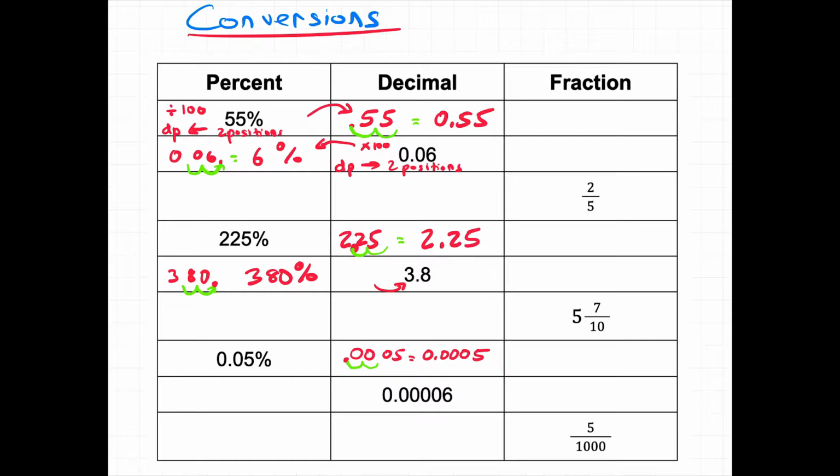Now let's move down to the 8th row right here. And we've got this decimal that just has lots of zeros, so it's 0.00006, but it's going to be the same thing. We're going to take that number, 1, 2, 3, 4 zeros and a 6. We're going to multiply that by 100, which means the decimal is going to go 1, 2 positions right there.